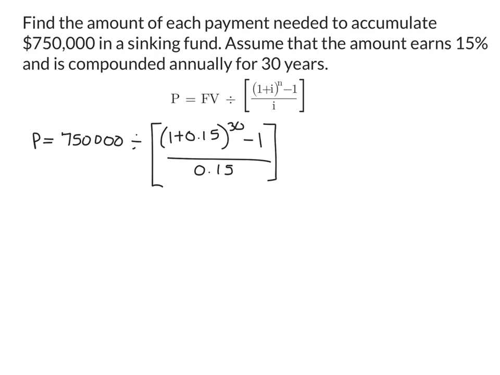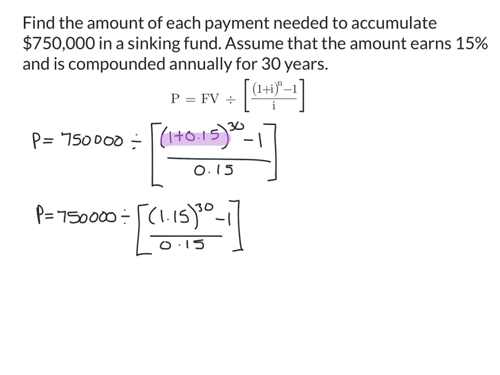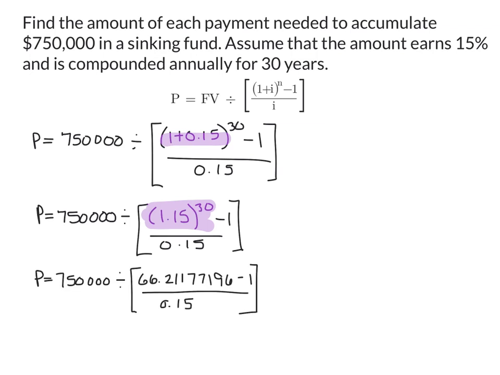In order to solve this formula, we first want to add 1 plus 0.15 in parentheses. Next, we'll raise 1.15 to the 30th power. And we get a value of 66.21177196.